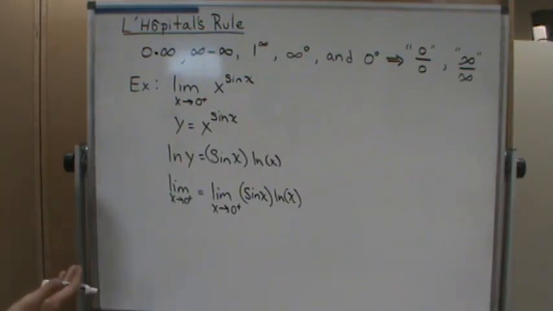Okay, so now what do I do? This is where I have to manipulate the expression again. Since we got another indeterminate form, we're going to use L'Hopital's rule, but we have to rewrite the expression.